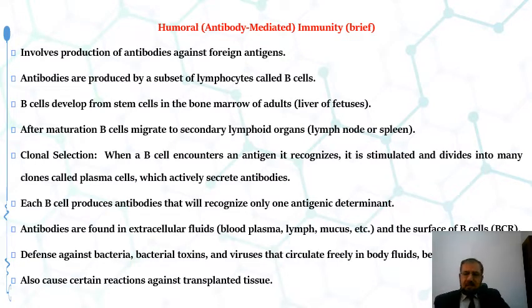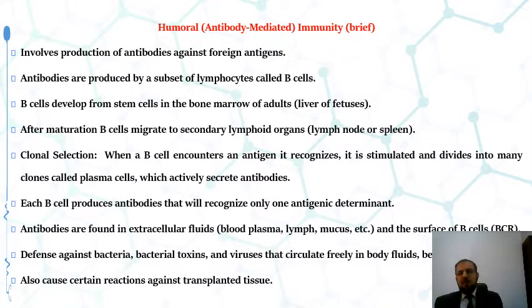While the other type is T cell independent activation, and it happens because of the presence of T cell independent antigens. We said before that, for example, lipopolysaccharide of gram-negative bacteria leads to the activation of B cells independently of T lymphocytes.